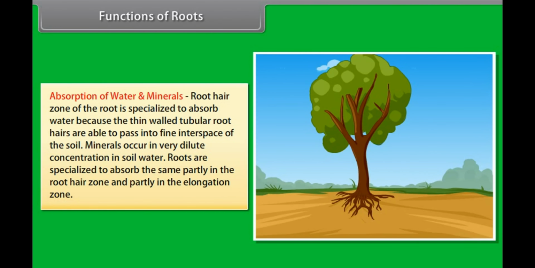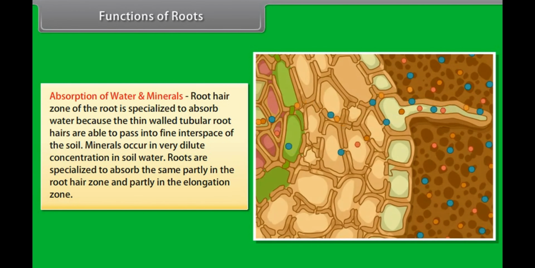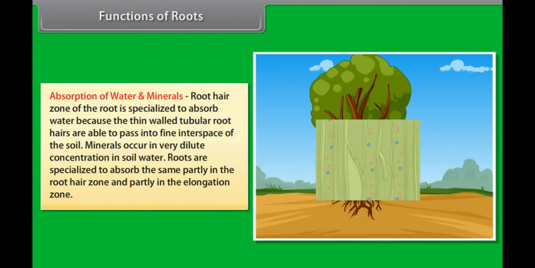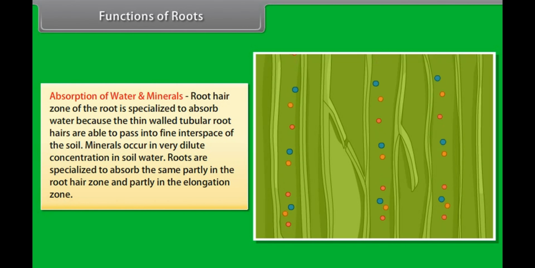Absorption of water and minerals. The root hair zone of the root is specialized to absorb water because the thin-walled tubular root hairs are able to pass into fine interspaces of the soil. Minerals occur in very dilute concentration in soil water. Roots are specialized to absorb the same partly in the root hair zone and partly in the elongation zone.